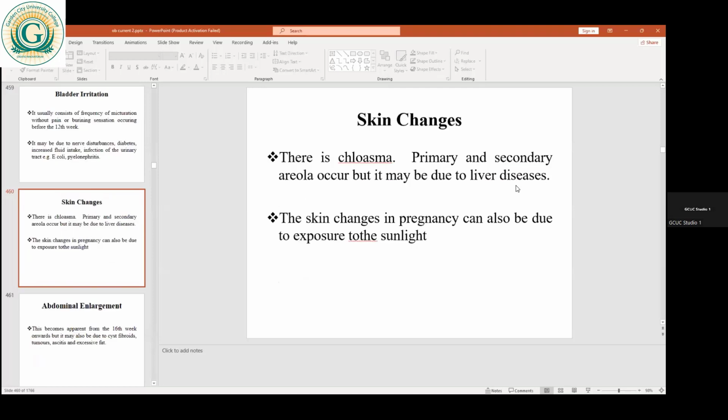Skin changes: sometimes when a woman is pregnant there is something we call pregnancy mask, chloasma, and primary and secondary areola, but it may be due to liver disease. The skin changes in pregnancy can also be due to exposure to sunlight.